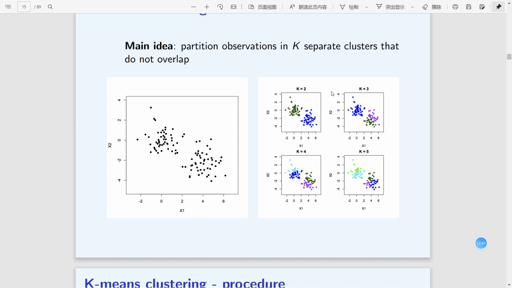We can visually say, if we want to divide it into 2, I can just draw a curved line here. But if we want to divide it into 3, I'm not sure this is the best way. With 4, we divide them into 2 subgroups. With 5, we divide this big one into 1, 2, 3, 4, 5.